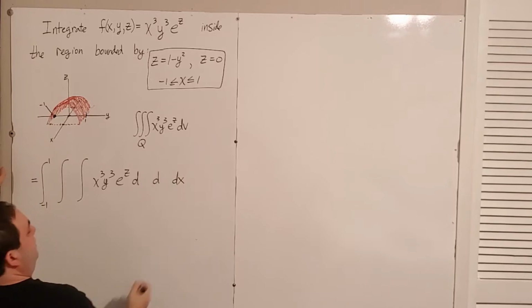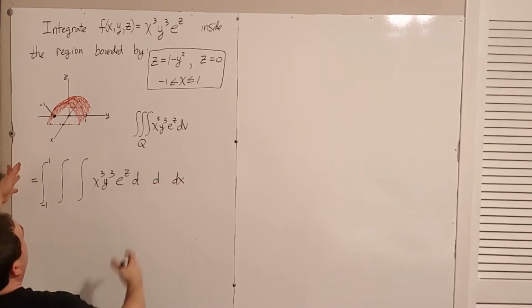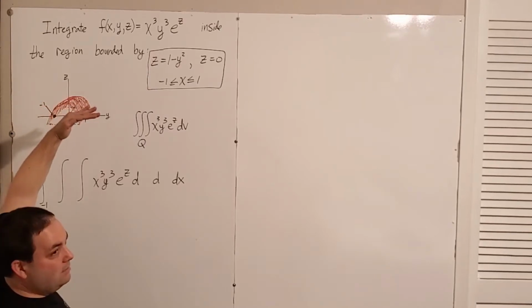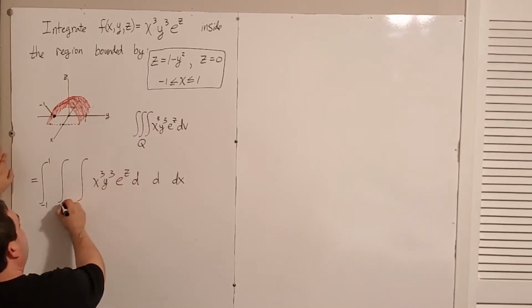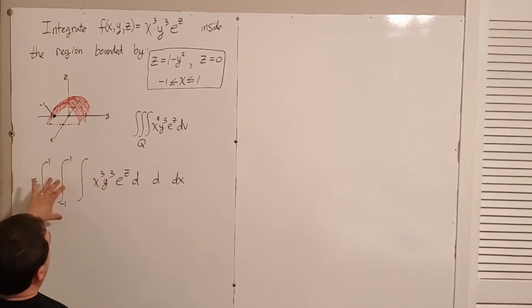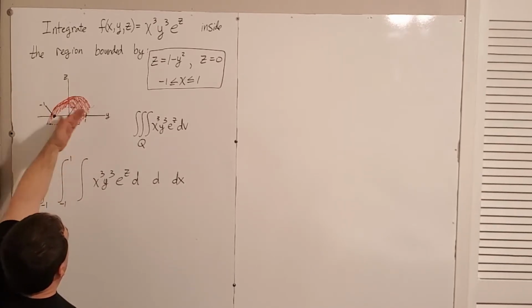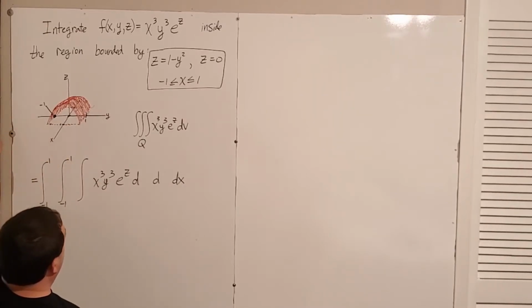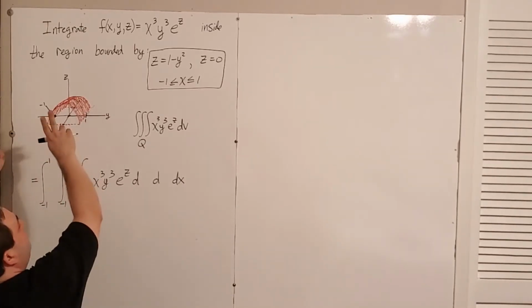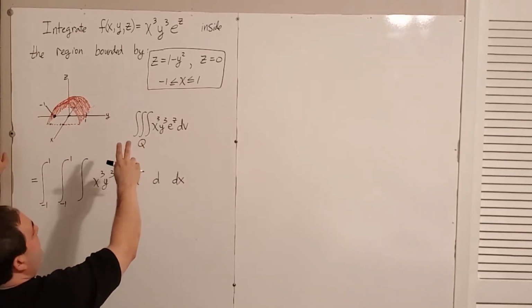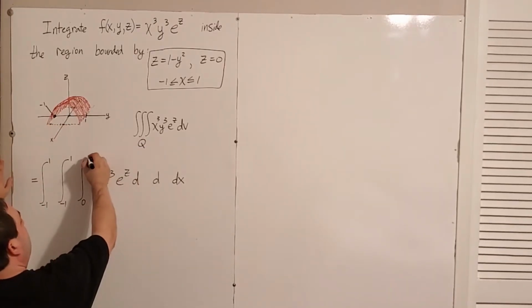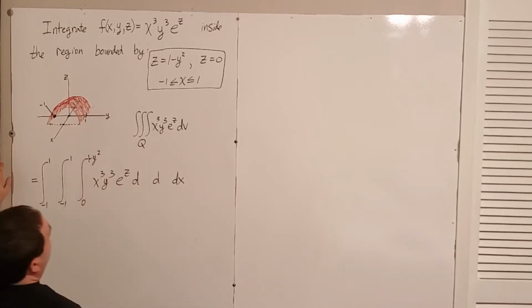So dx will be the most outside one here. And then as a consequence of being above the plane, y is also bound from -1 to 1 because that's where the z surface hits the plane. Then z is being bound from the plane 0 up to the function 1 minus y squared.